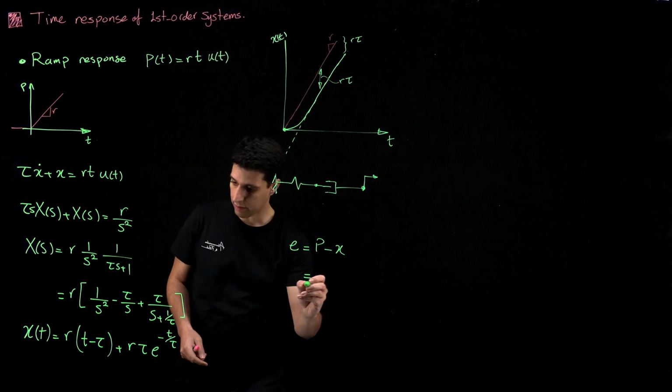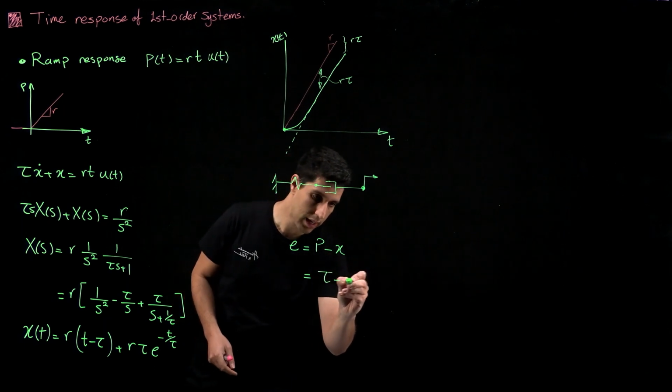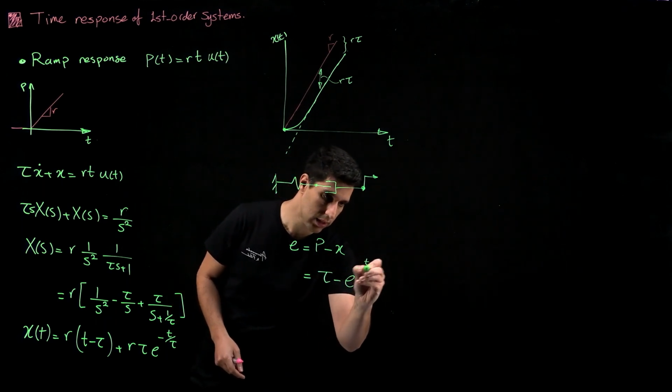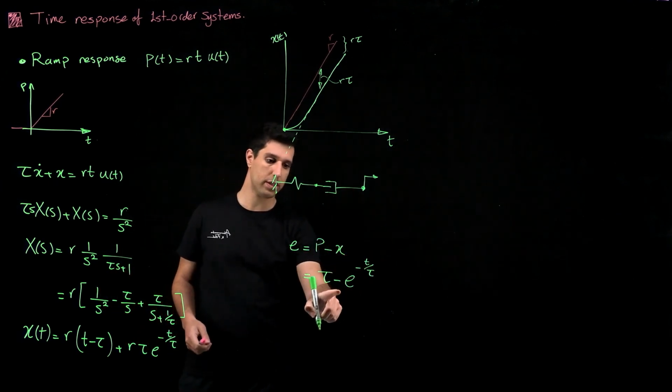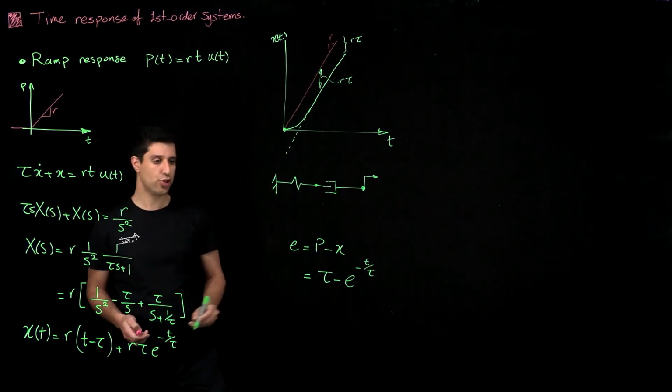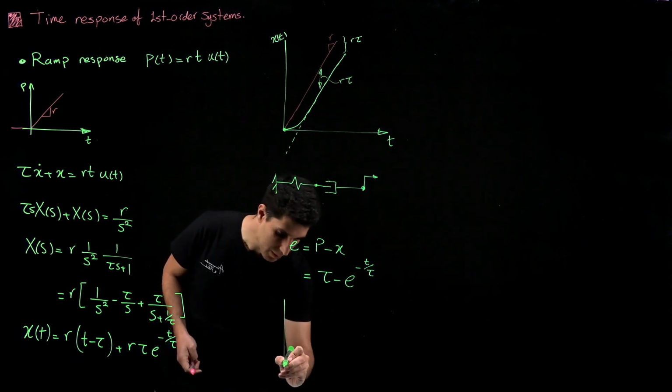I will have tau minus e to the minus t over tau. And this, I have erased it, but this is exactly the same shape as the step response.